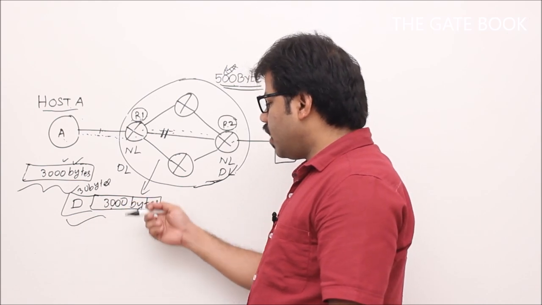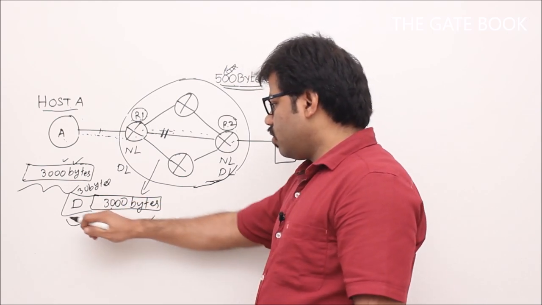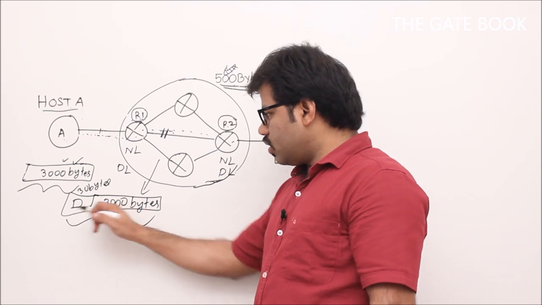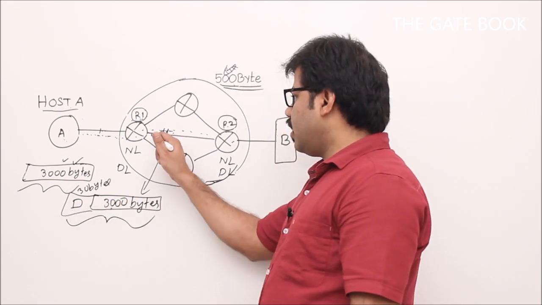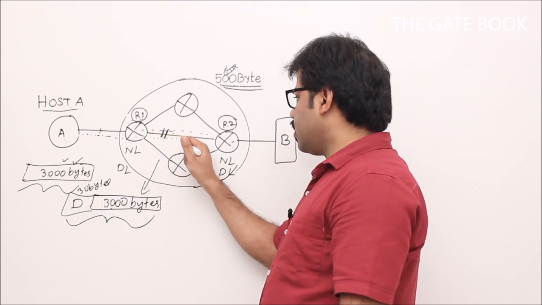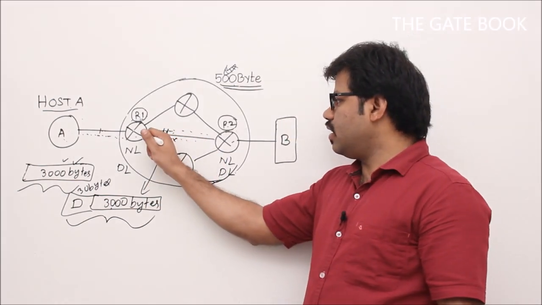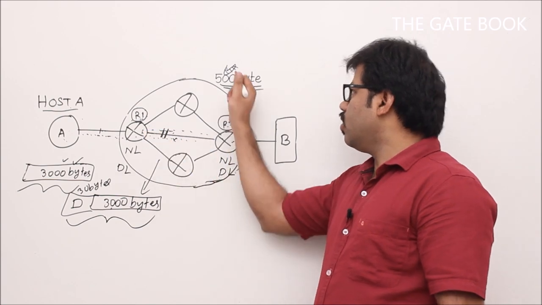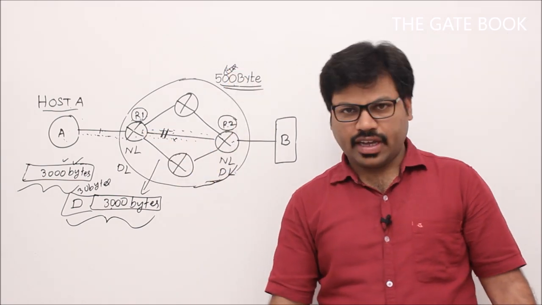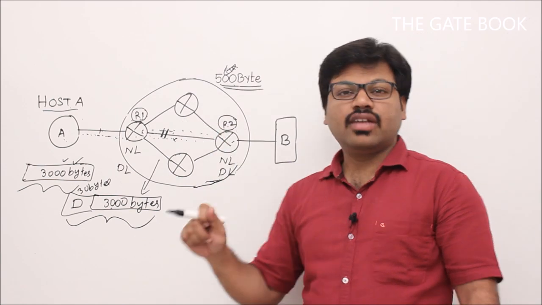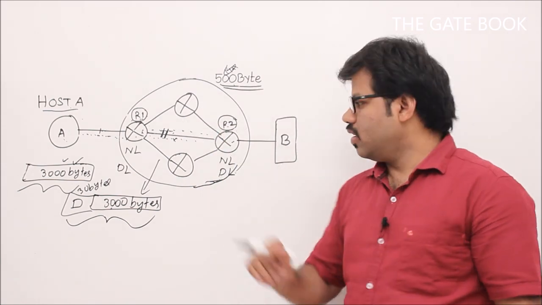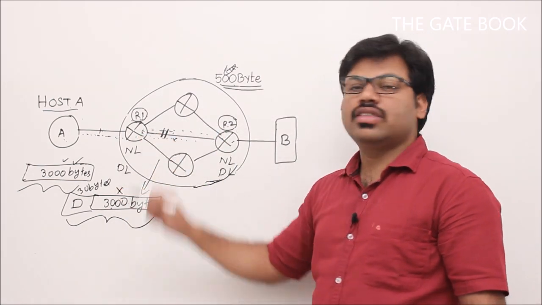Assume that this is some data link layer, Ethernet. So in the data link layer you now have 3030 bytes, right? Those bytes are going to be transferred like this, but it is not allowed here. There is a condition that these two data link layers have a restriction that they should carry only 500 bytes. That means router 1's data link layer doesn't allow that. So this is impossible at router 1's data link layer.